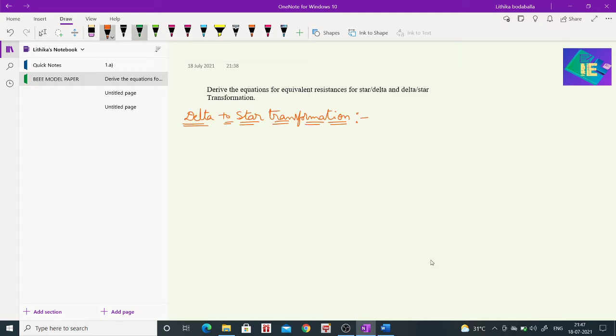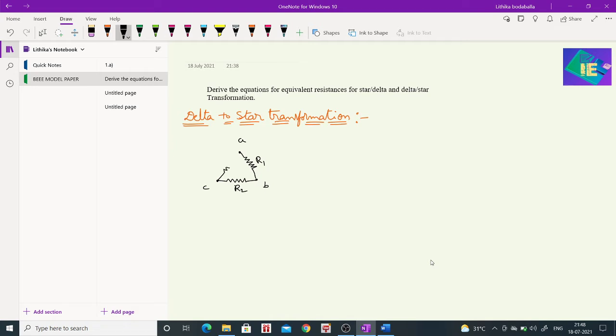First, let us take delta connected resistances. Delta connection means let us have three nodes. This is node A, I am going clockwise, node B, and this is node C. Now, let us assume that there is a resistor R1 between node A and B. There is another resistance between node B and C, let it be R2.